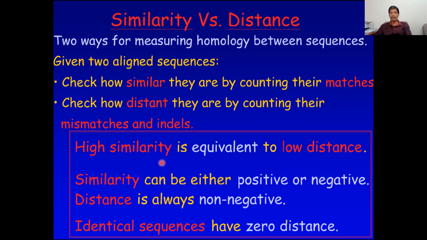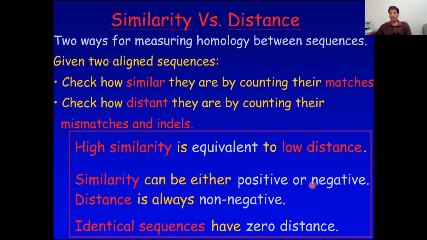Similarity is equivalent to low distance. The less the distance, the more the similarity. When the two sequences are more distant, that means less similarity.